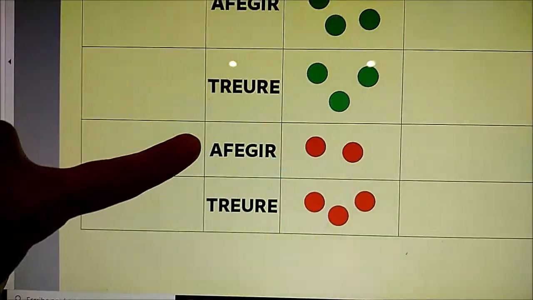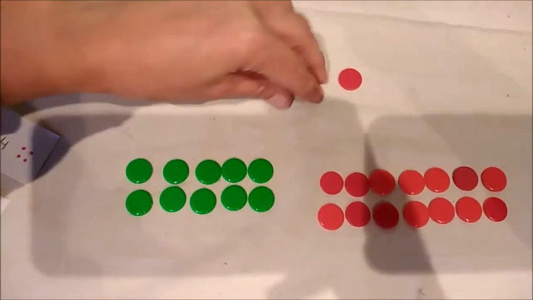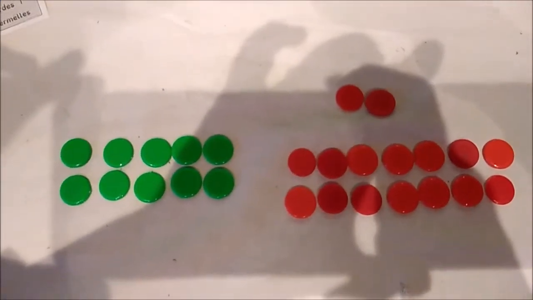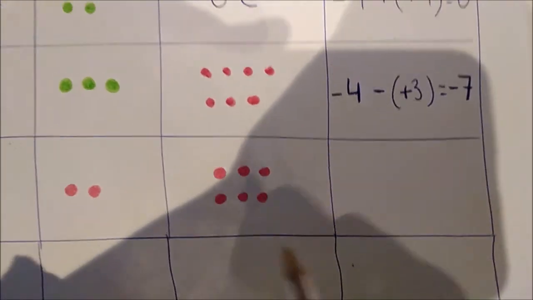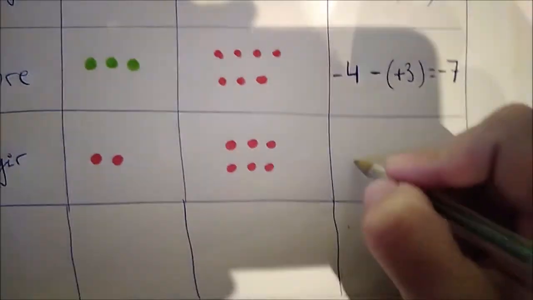Third instruction, we have to add 2 negative chips. We add these 2 negative chips and we count how much money do we have. Now I have 6 negative chips.